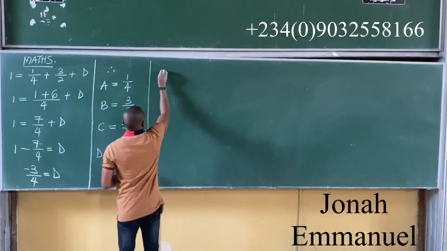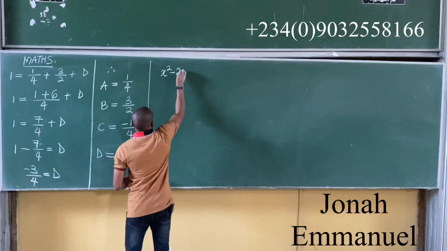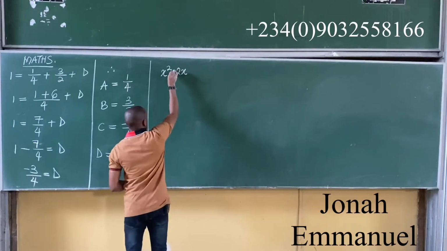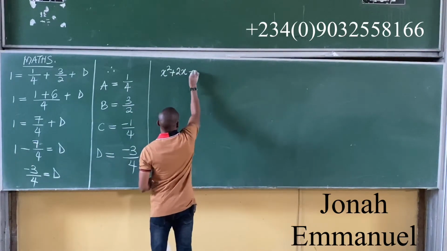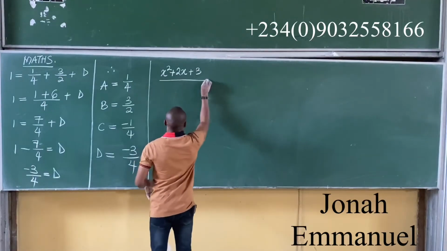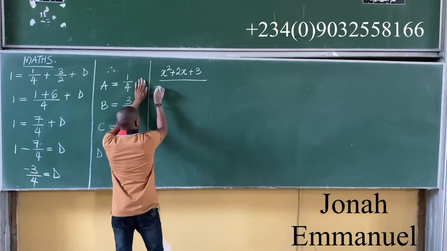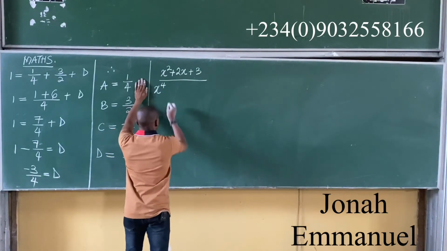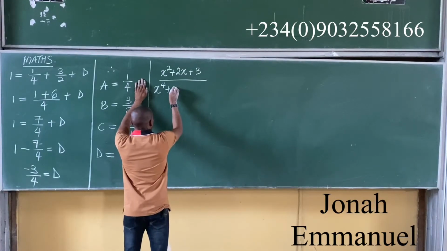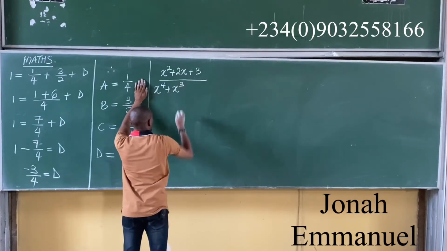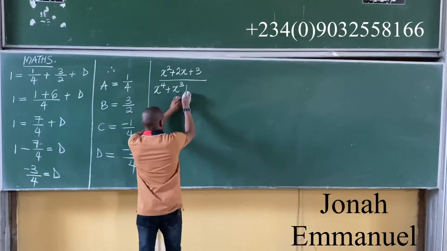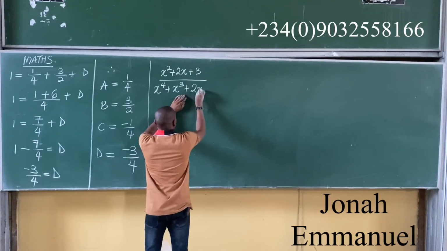x squared plus 2x plus 3 all over x to the power 4 plus x cubed plus 2x squared.